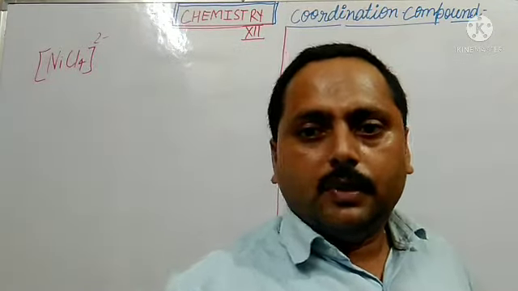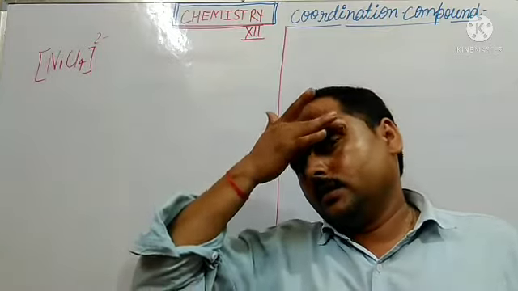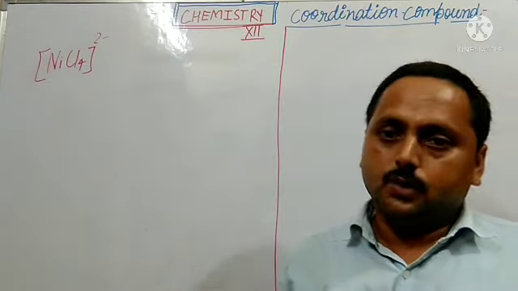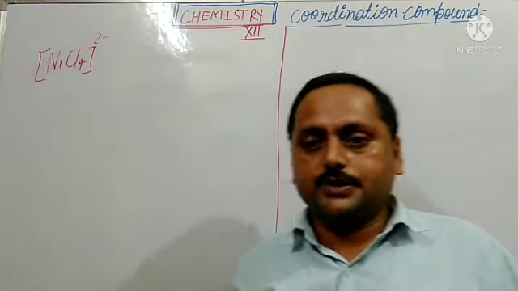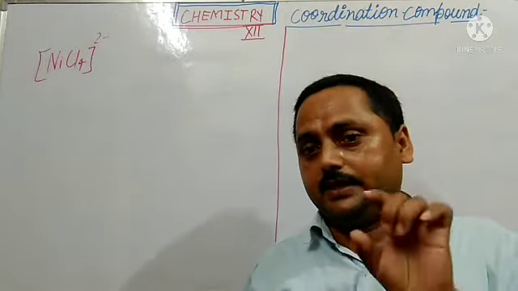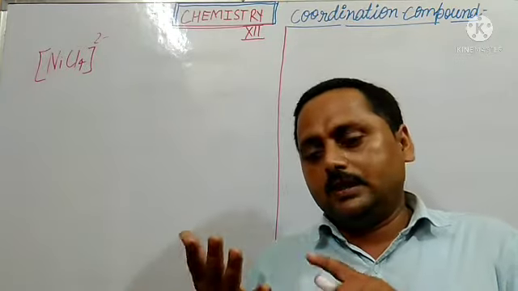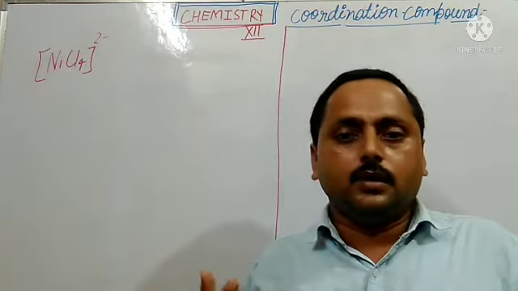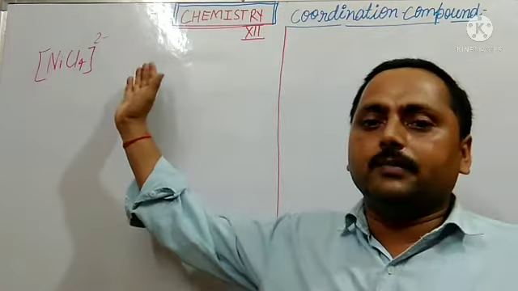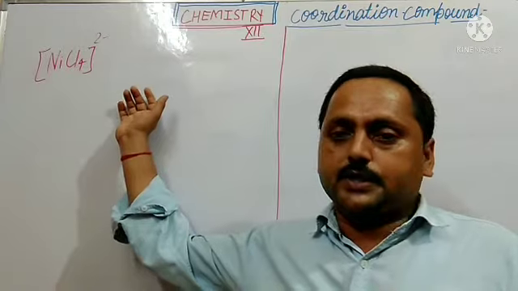We will discuss this with the help of VBT, and see how VBT is helpful to explain the geometry of different complexes. Before this, we have discussed octahedral and square planar. We don't yet know the structure or geometry of this complex. Okay, let us begin.